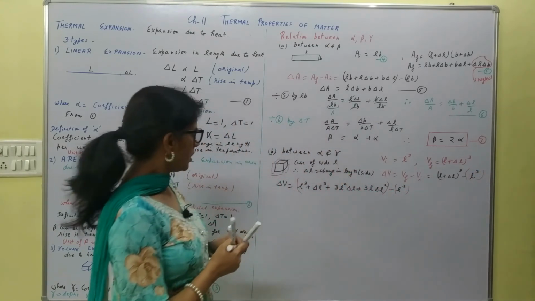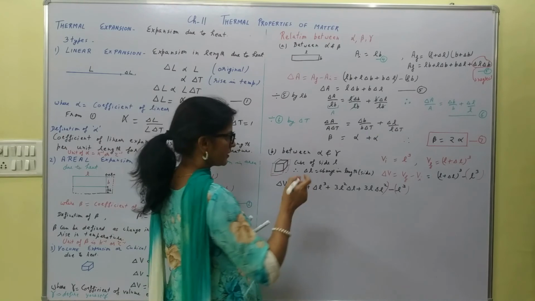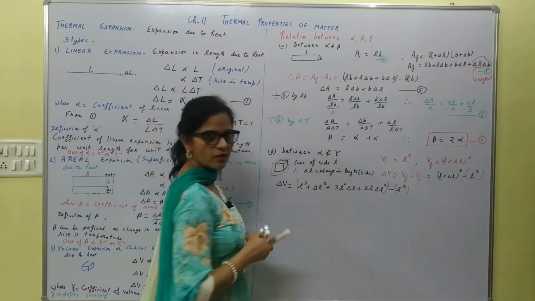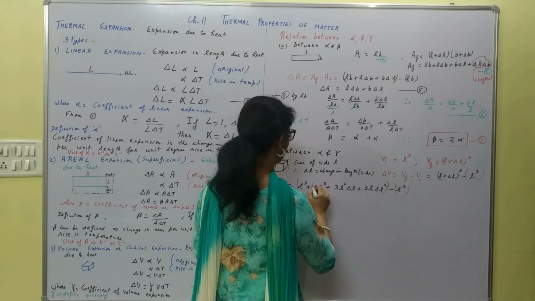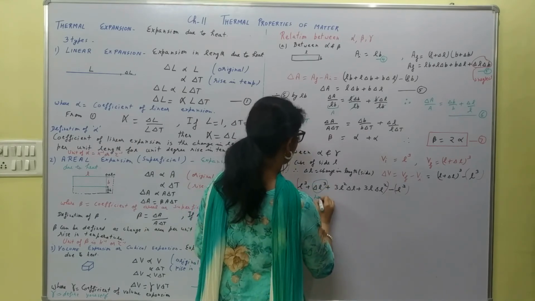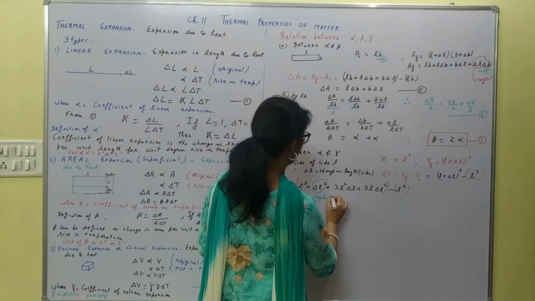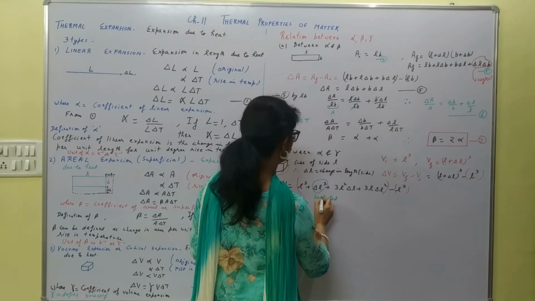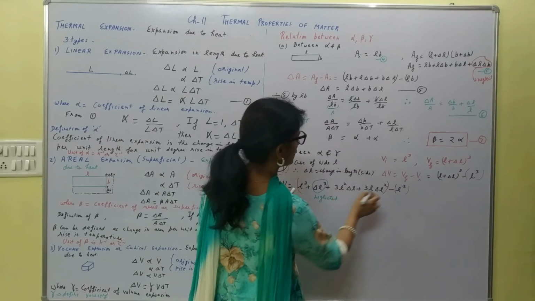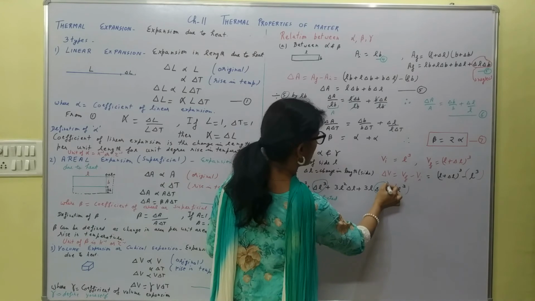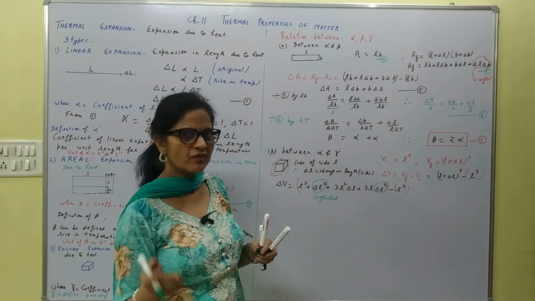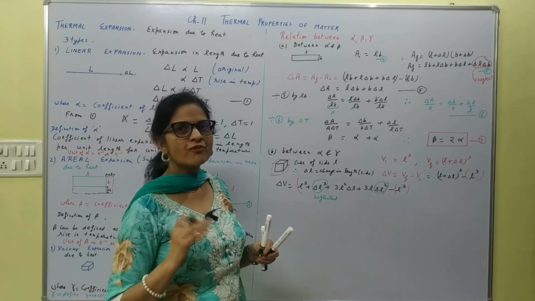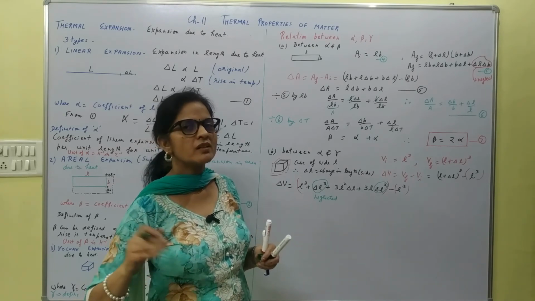Yeah. So we know that delta L is very small. So we can neglect the cube of delta L. So this will be neglected. And this will also be neglected, because we know that if we have 0.1, then 0.1 into 0.1 is 0.01 and 0.1 into 0.1 into 0.1 is 0.001.